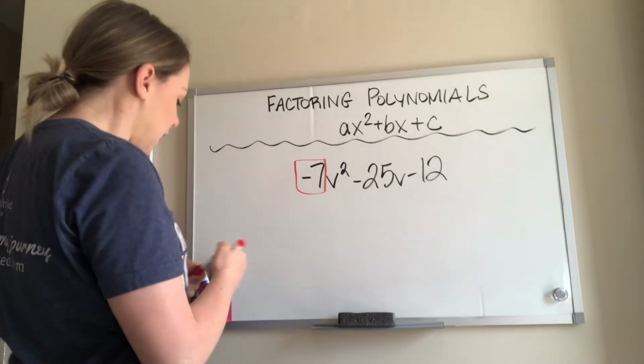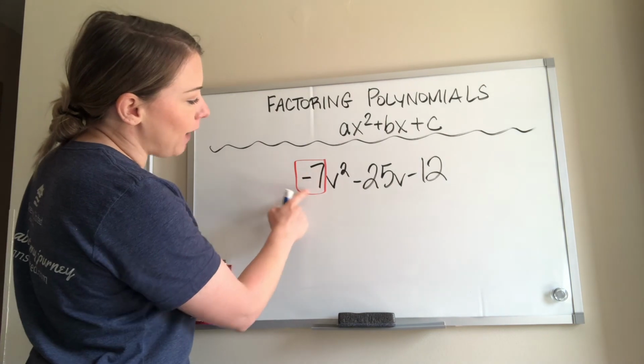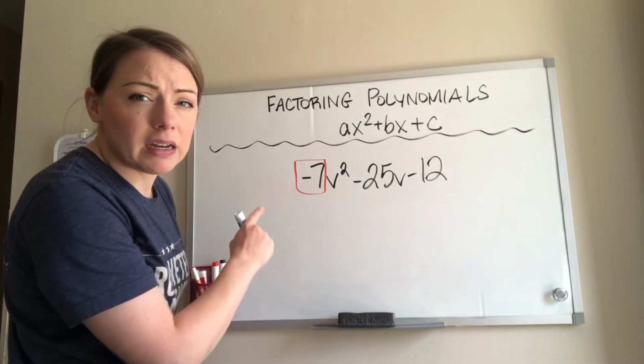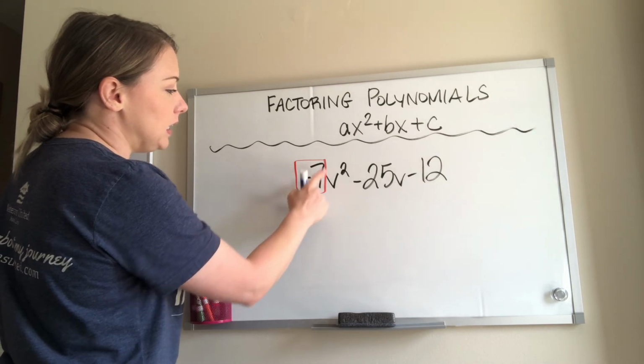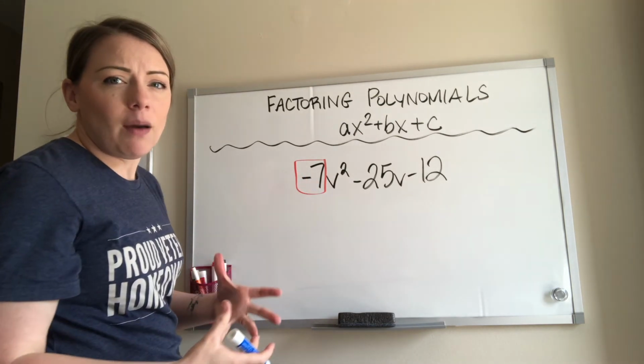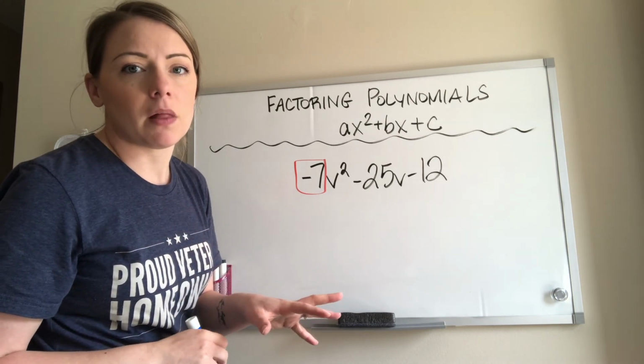So what that means is if I divided by -1, then I would end up getting a +7 here. And that would make my life so much easier when I'm trying to factor this polynomial.